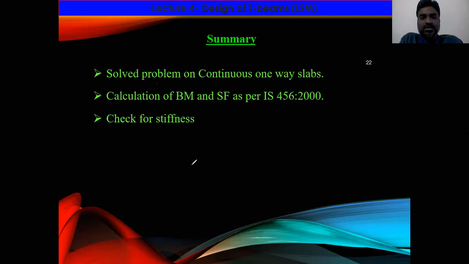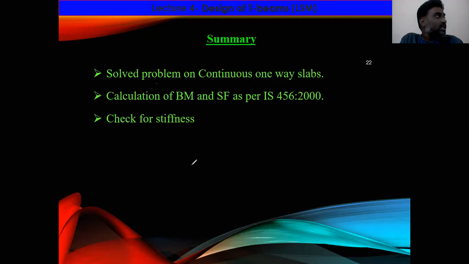After that, we have calculated the distribution reinforcement, as per IS 456-2000. The distribution reinforcement should be minimum. That means minimum reinforcement should be provided as distribution reinforcement. For Fe415 steel or HYSD bars, the minimum steel in slabs is 0.12% of the gross area.